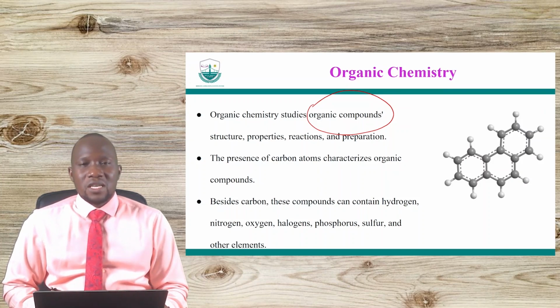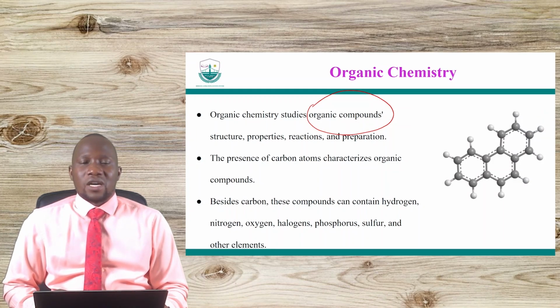Throughout this topic, we shall be looking at the different categories of organic compounds, that is their molecular structure and also structural formula, for example. We'll also look at their chemical reactions, their physical characteristics and how we prepare these compounds in the lab.